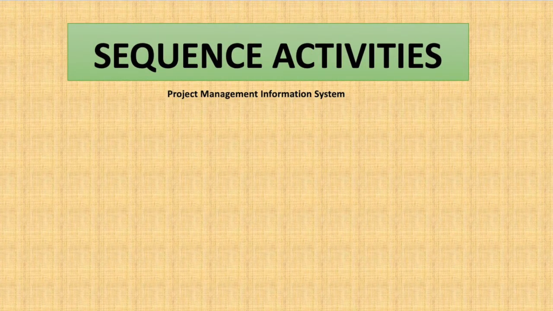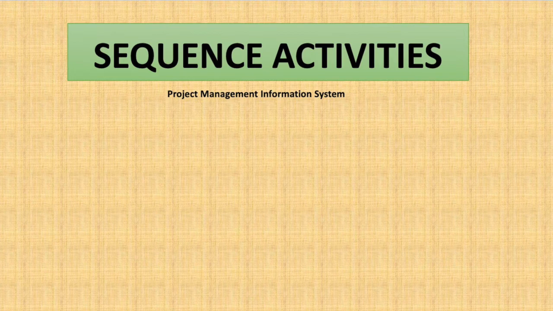Project management information system is also a tool and technique we use in this process to schedule and sequence our activities. So we discussed the precedence diagramming method as a tool and technique, dependency determination and integration, leads and lags, and project management information system, so we can sequence our activities.